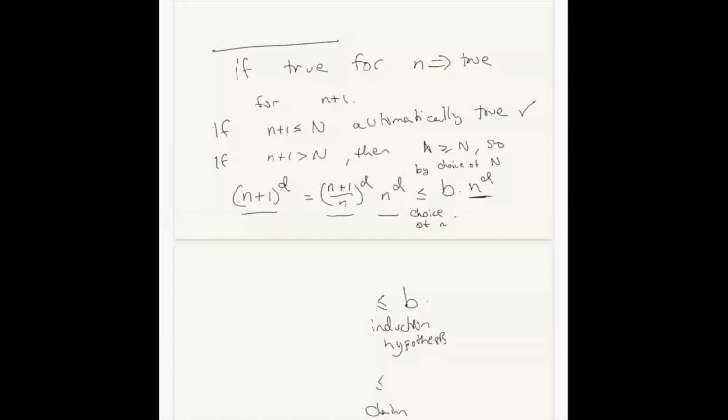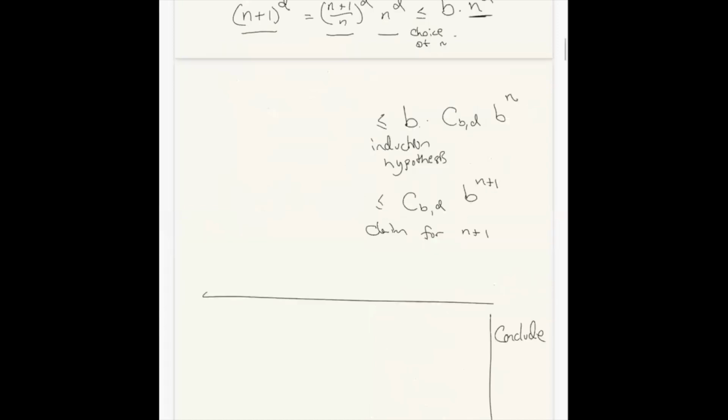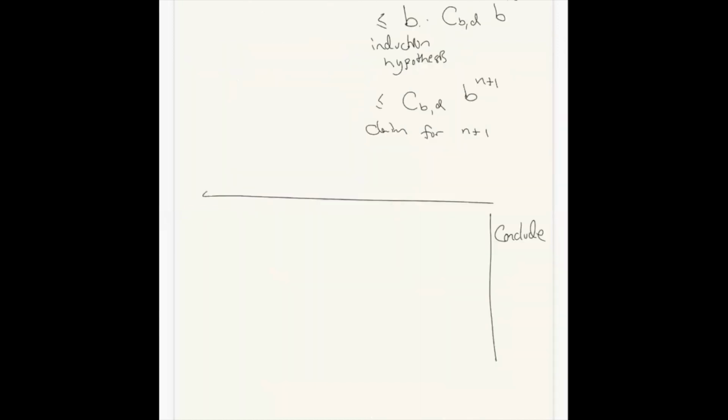Now you merge the powers, you get C_{b,d} b^(n+1). And this is exactly the claim for n + 1. So to make this a rigorous proof, all we would have to do is, by the induction principle, the estimate is true for all n.